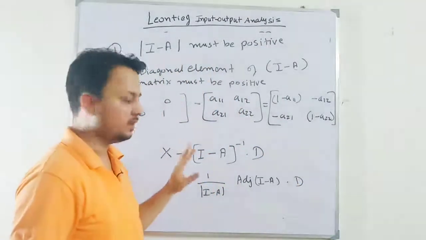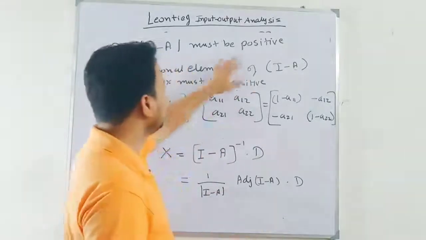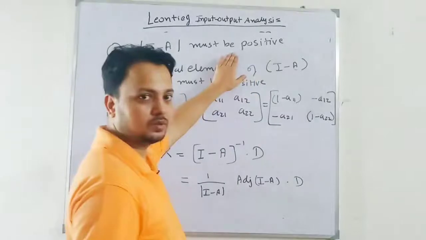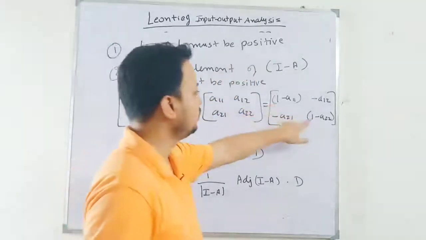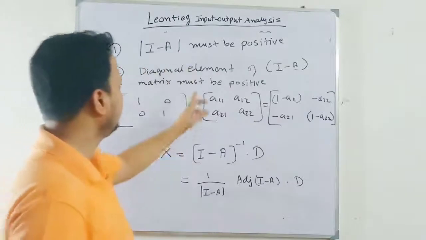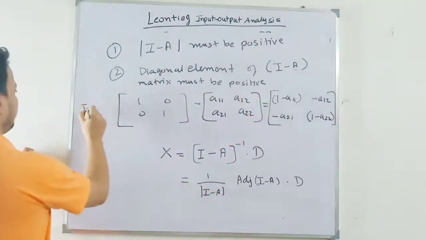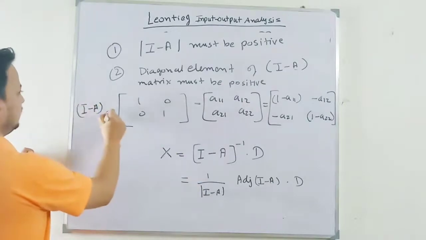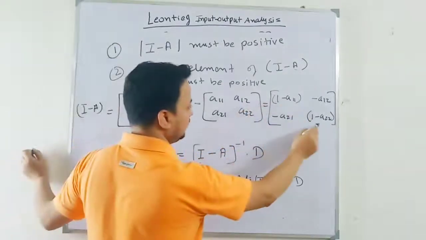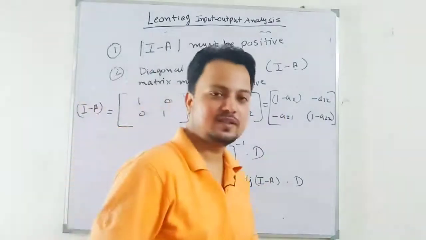Check whether the determinant is positive or not. Second, check the diagonal elements of I minus A. They must be non-negative. Then your Hawkins-Simons condition will be satisfied.